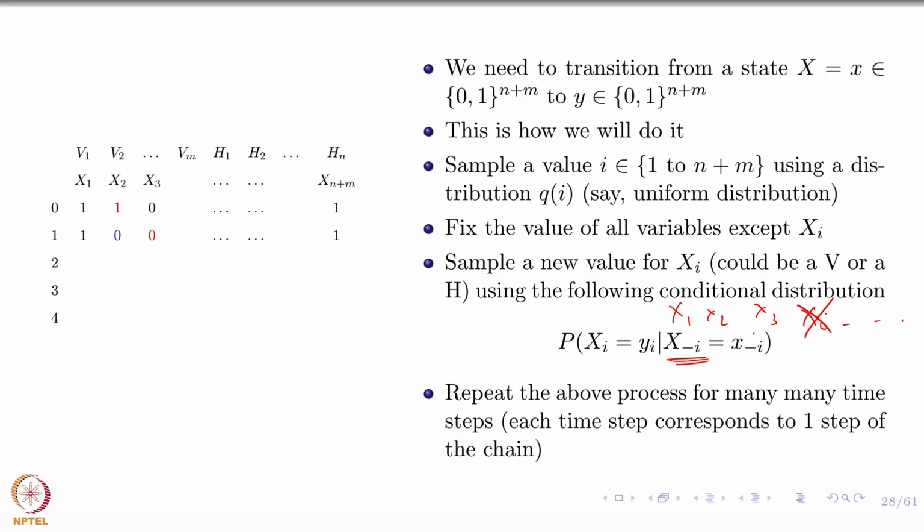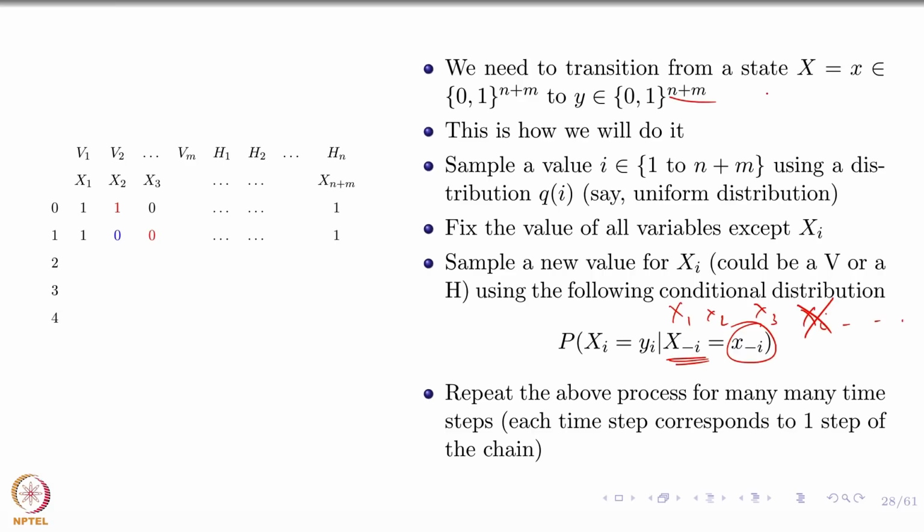And x minus i, this small vector, is of dimension n plus m minus 1, because I have dropped one random variable from there. Is that fine? Okay, so n plus m minus 1. Is that clear now? Okay, so the notation I should have clarified.